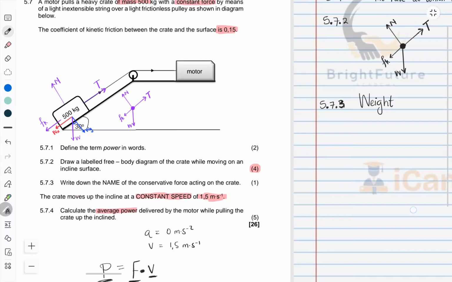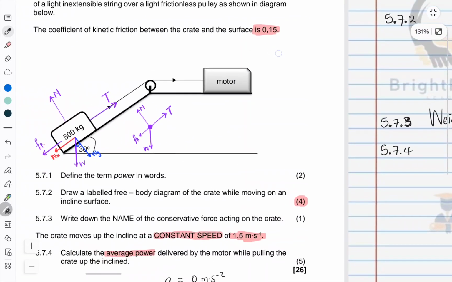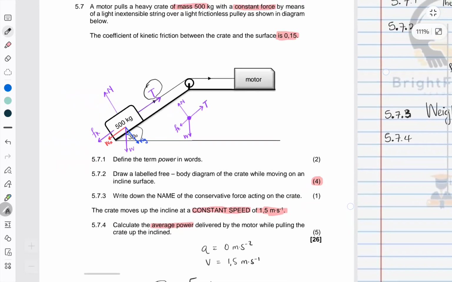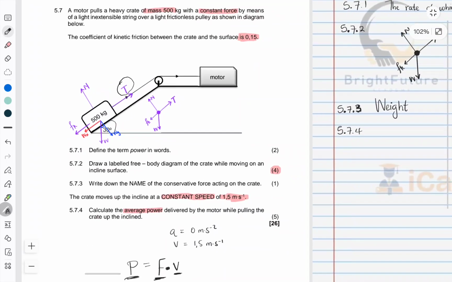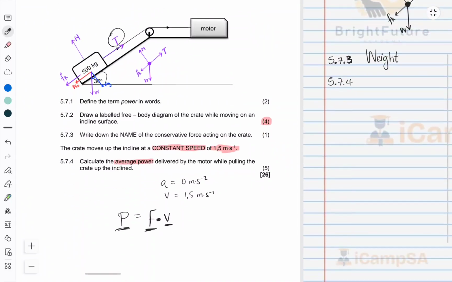So let's find the force that the motor applies. The force that the motor is applying is actually the tension in the string. If we can find T, that's the force the motor is applying, and we take that tension force and multiply it by the speed of the crate, and thereby we find the average power this motor delivers.